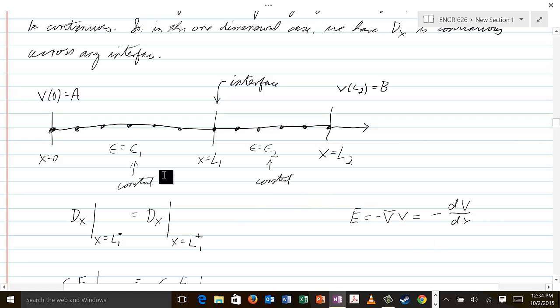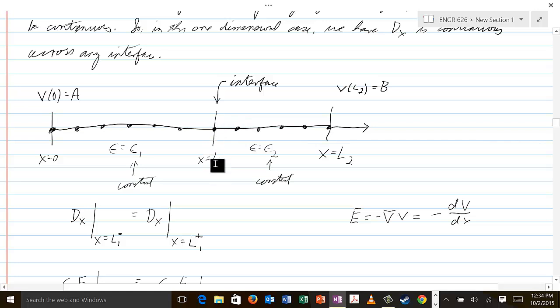So let's assume that here's the problem we have in mind. We have a domain x equals 0 here at the left-hand boundary, and x equals L2, not L over 2, but L sub 2, at the right boundary.